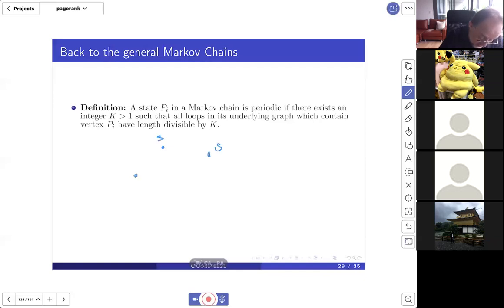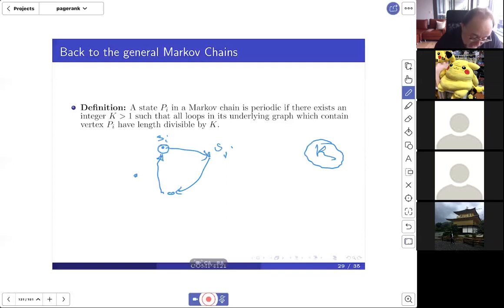In our case, they are web pages, but they are the states. And we say that a state is periodic with period k if every closed cycle, its length, the number of edges, is divisible by k.